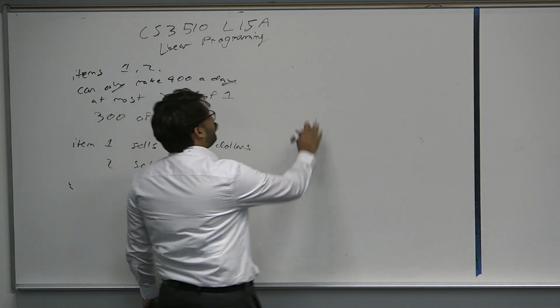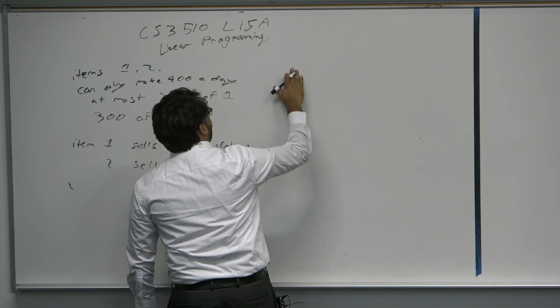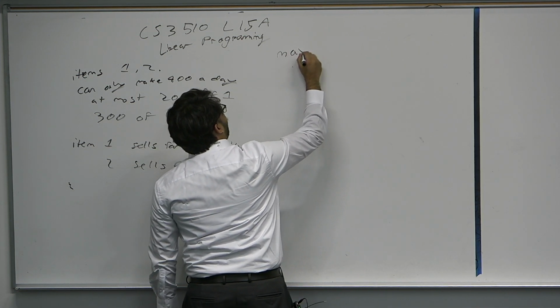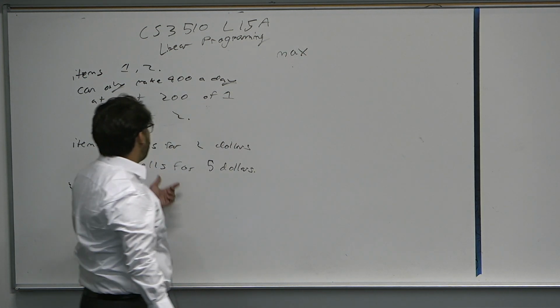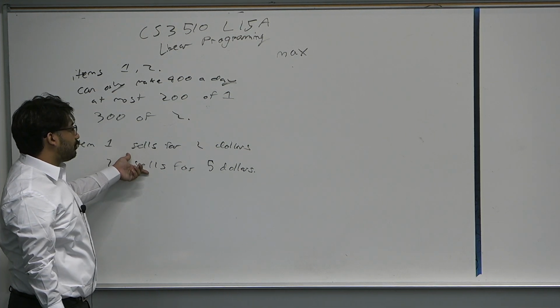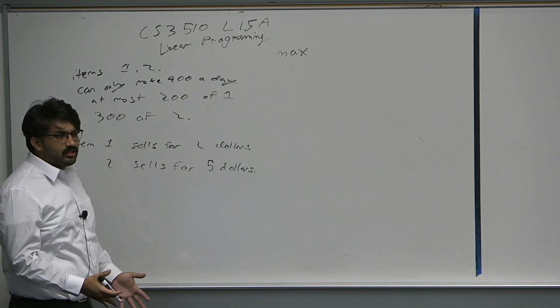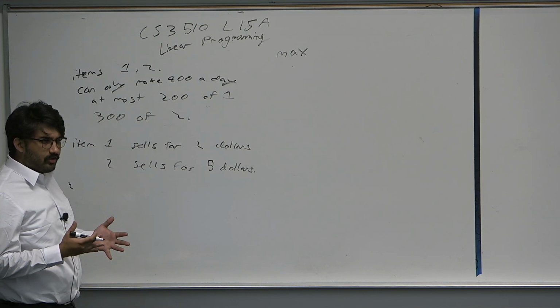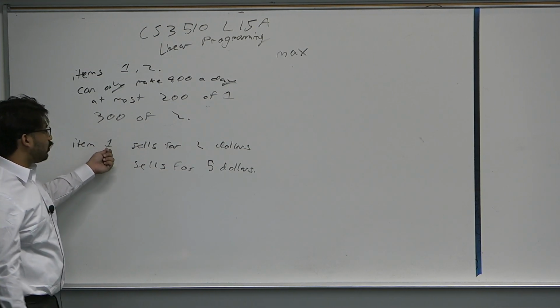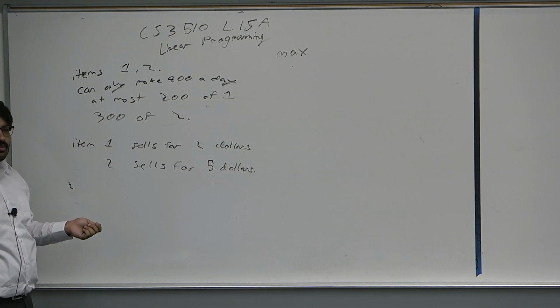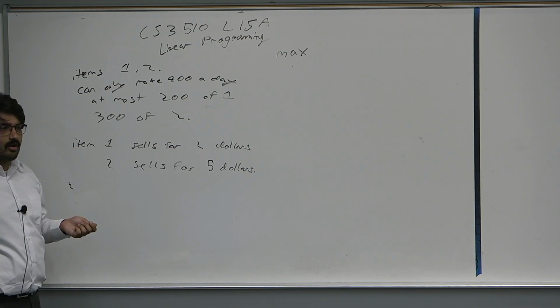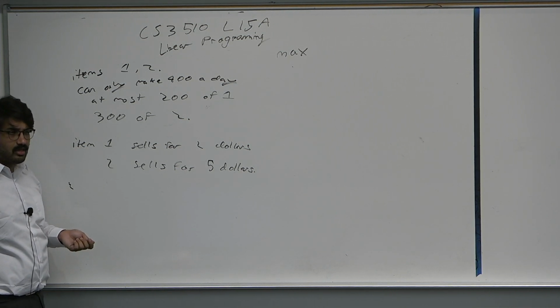So in fact, we seek to maximize a cost function, which we'll call max of some product that we wish to earn, right? So the maximum we can earn is a function of 2 variables. If we had x1 for the number of items 1 we make and x2 for the number of items 2 that we make, what would the function we wish to maximize be?